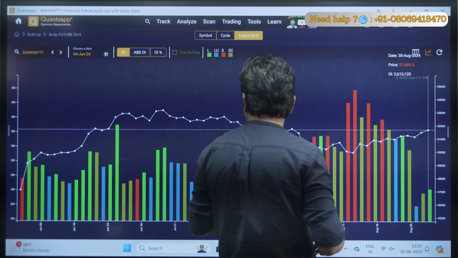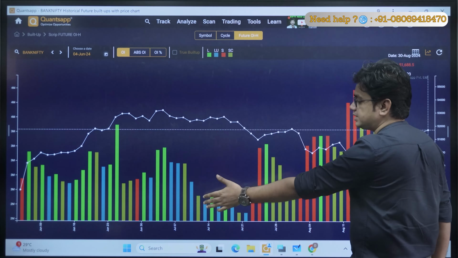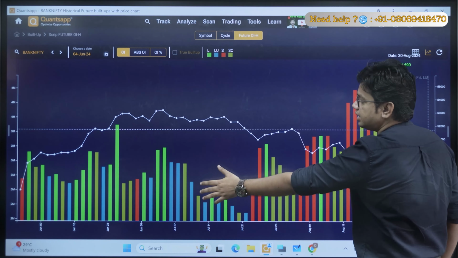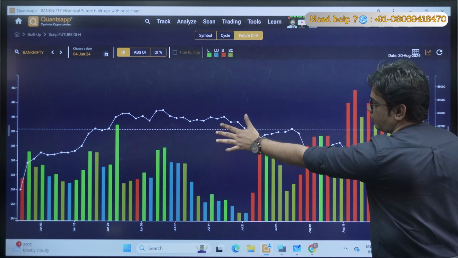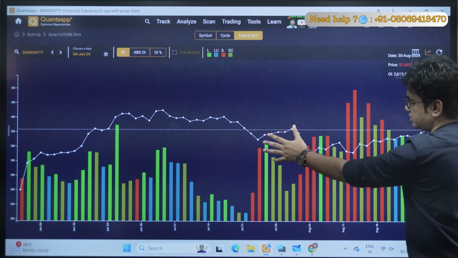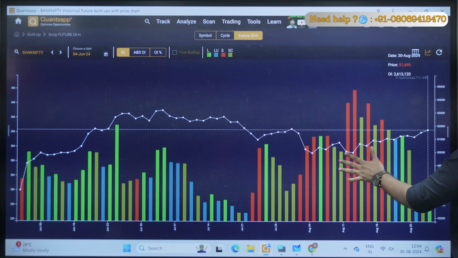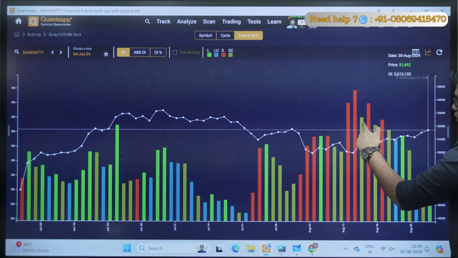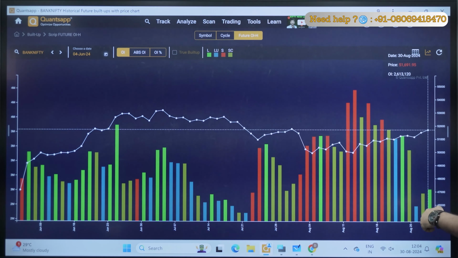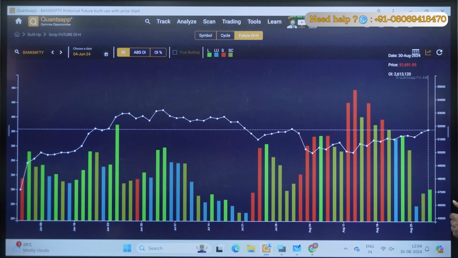Afterwards you can see the participants data. You can see the aggressiveness of the build up is reduced over here, and from here the price has gone down. Again it is building up its momentum, but here more of a short build up is happening. More of the writing is happening over here.